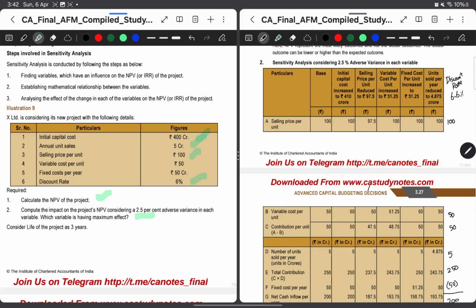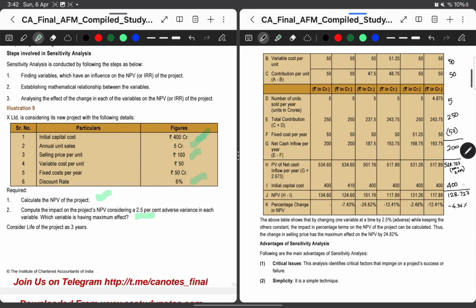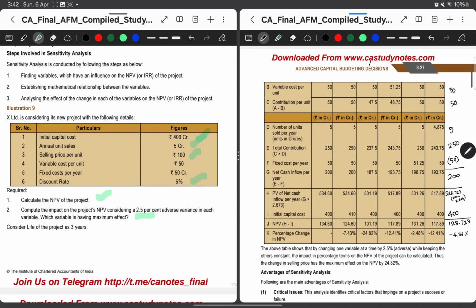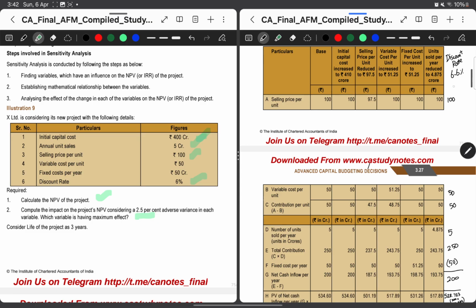You can just add 2.5 percentage to this. That will be an adverse situation. Then getting an NPV of 128. As I have considered 10 percentage, I'm getting a negative 4.36 percentage as a reduction. Now don't consider this part. You have to take 2.5 percentage as the adverse variance.